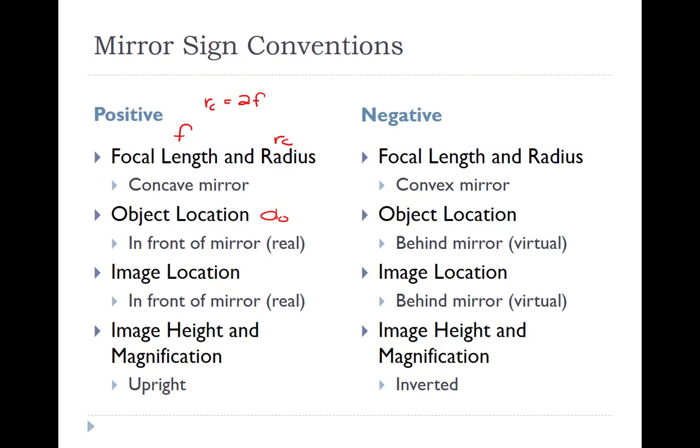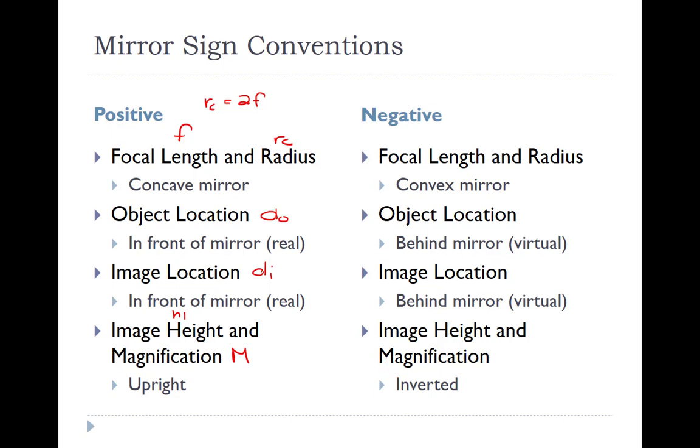We're not going to be dealing with virtual objects in this class. Images, when they are real, are positive. When they are virtual, they are negative. Image heights and magnifications are positive when the image is upright and negative when they are inverted.